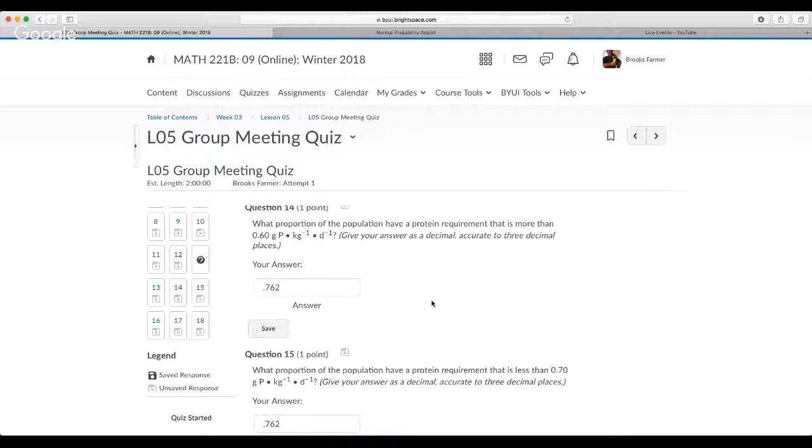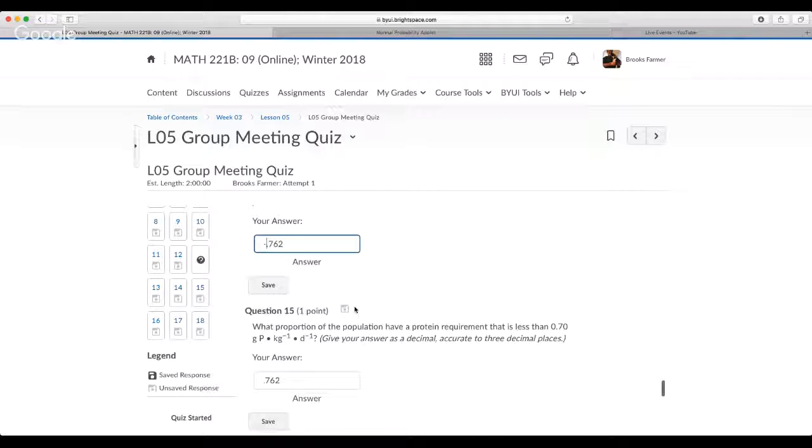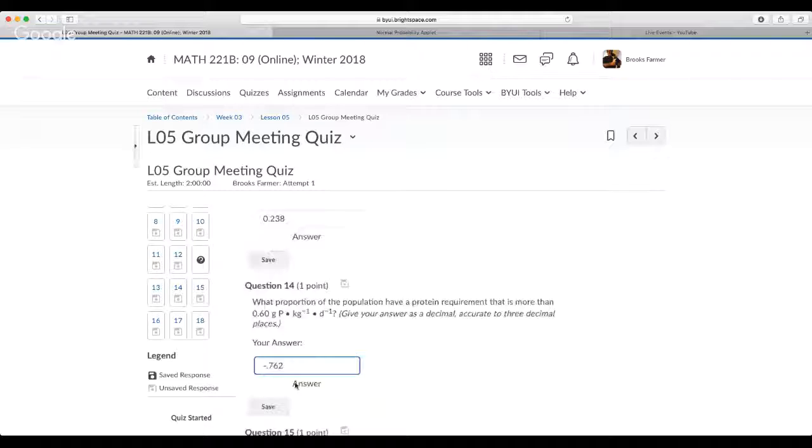For the 0.60, the z-score was negative 0.714. Yeah. So are you subtracting a positive 0.762? All right, I'm confused. Oh, negative 0.714. Why are you doing that to me?